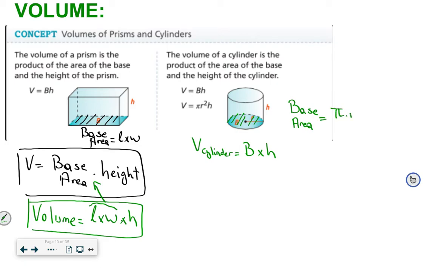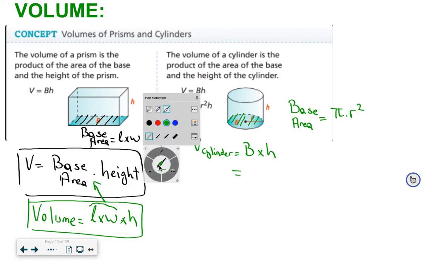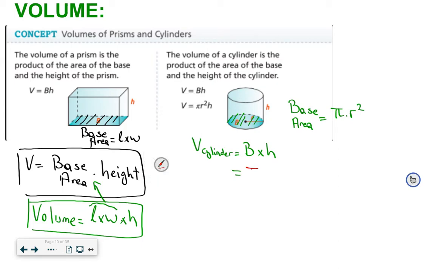Pi times r squared. If we substitute over here, you can understand what actually volume of cylinder is. Pi times r squared times height. So this is volume of cylinder. We are going to use this formula to find the volumes.